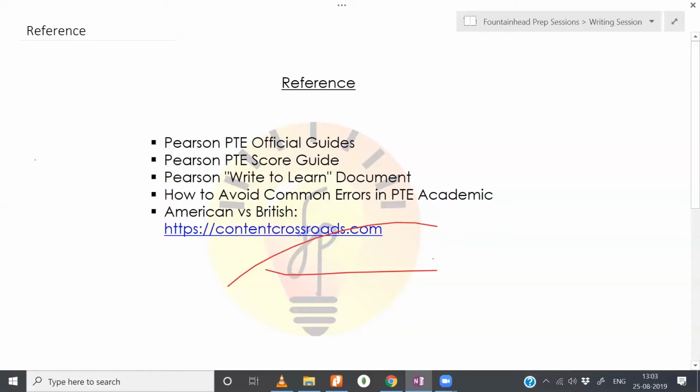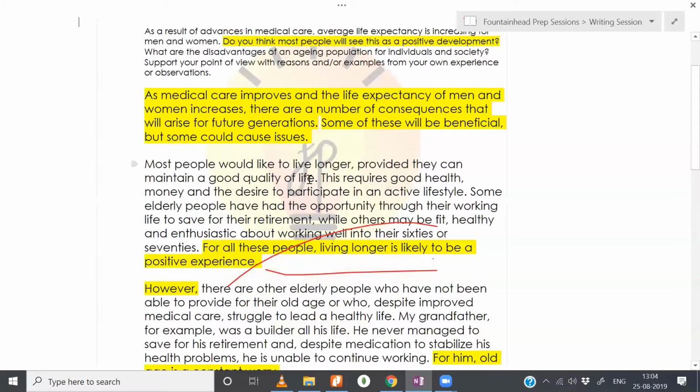Now coming to Purnendu's question, how do you ensure that you have a very good written discourse? Let me go back to the essay. Written discourse is all about how you logically move from one sentence to the next. Look at this sentence structure: Most people would like to live long, provided they can maintain a good quality of life. This requires, so it's kind of explaining the what.